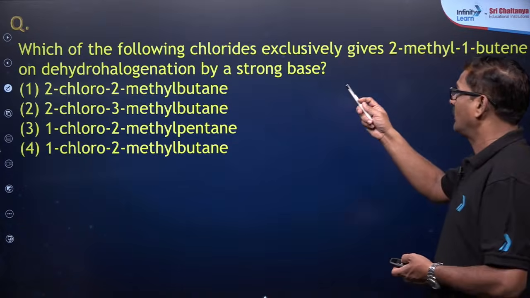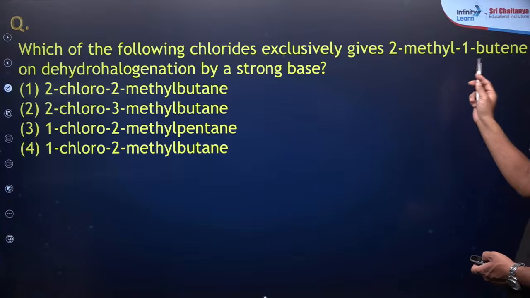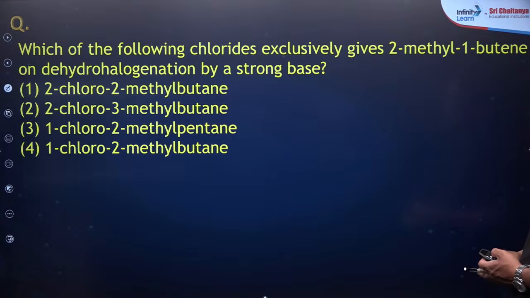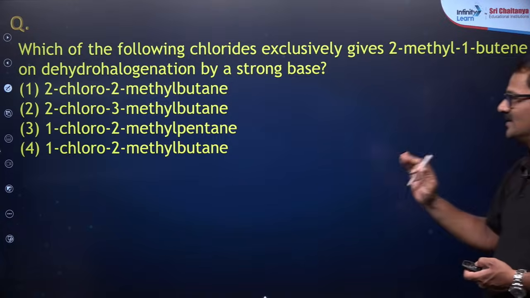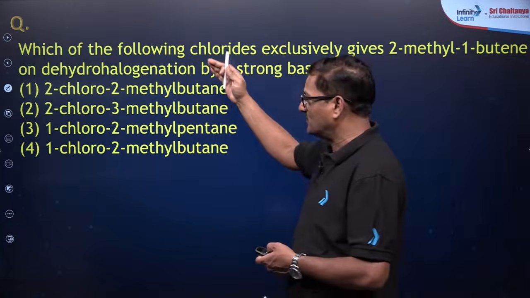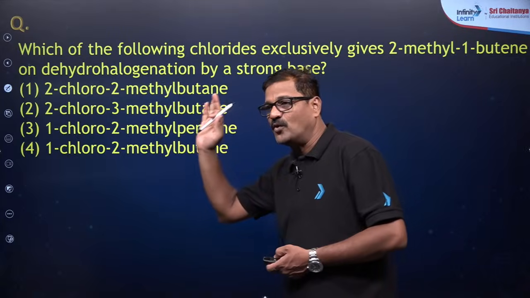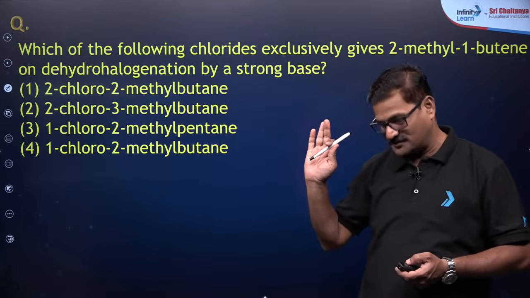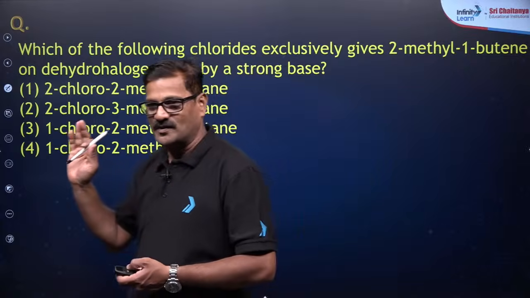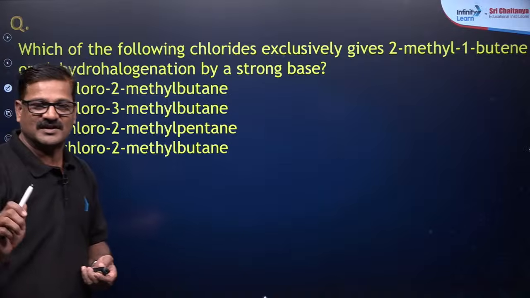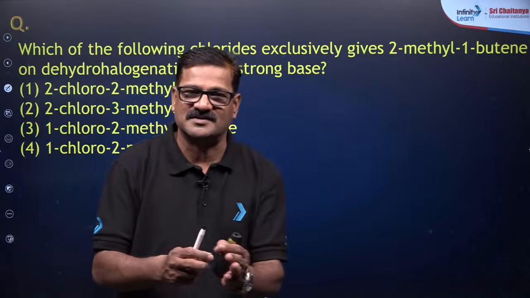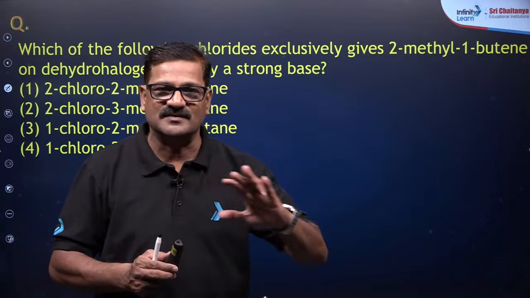Which of the following chlorides exclusively gives 2-methyl-1-butene on dehydrohalogenation by strong base? So, for this type of questions, you have to check these 4 options and cross check them. Dehydrohalogenation means an elimination reaction, and whenever elimination reactions are there, follow Saytzeff rule.